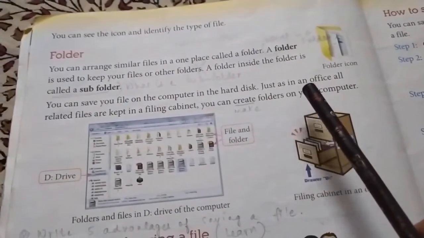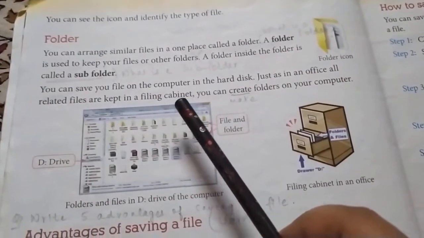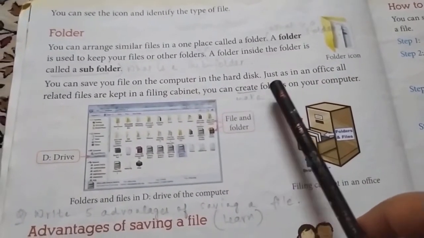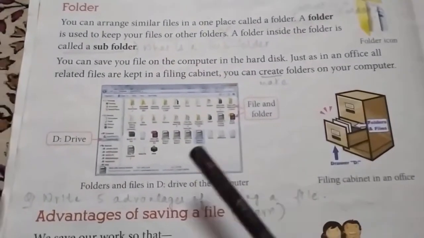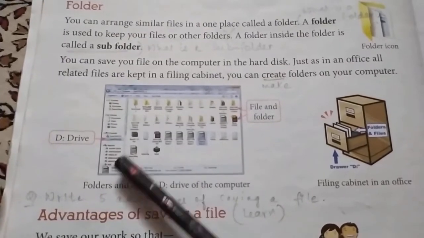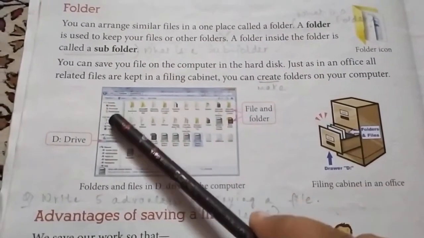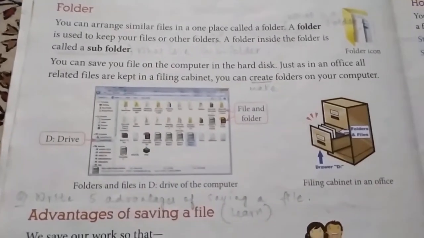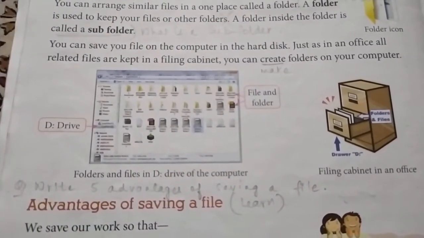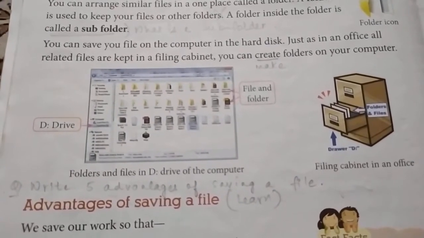Just as in an office, all related files are kept in a filing cabinet, we can create folders in our computer too. See, these are the folders. Inside those folders, related files are kept, and on this side, we can navigate the different locations of our hard disk. Over here, it is showing the D drive of the computer.